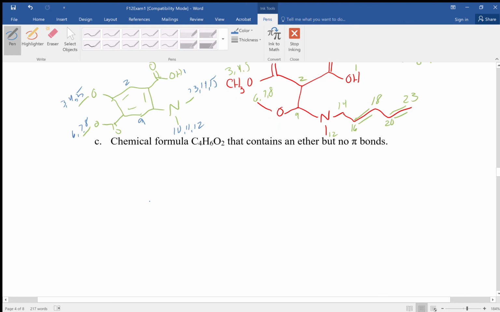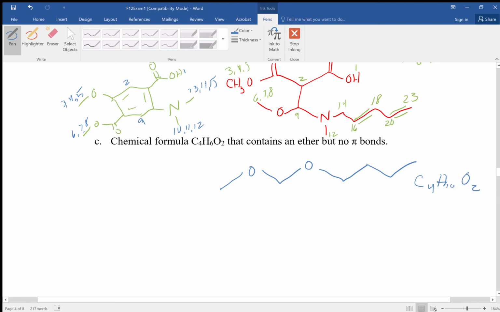Alright, part C, C4H6O2 contains an ether but no pi bonds. So again, we can start out nice and simple like that. But we'll find this has 10 hydrogens if we count them.